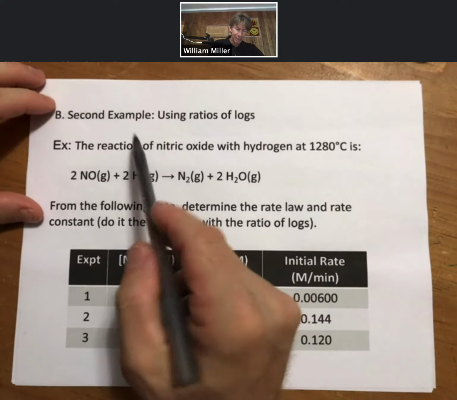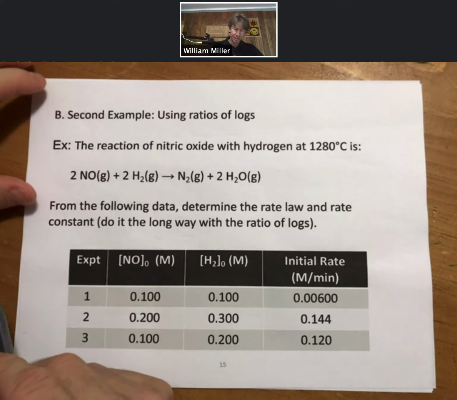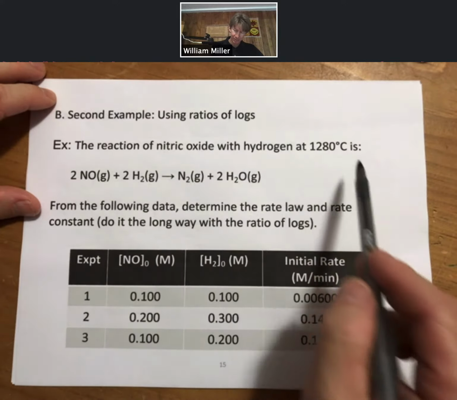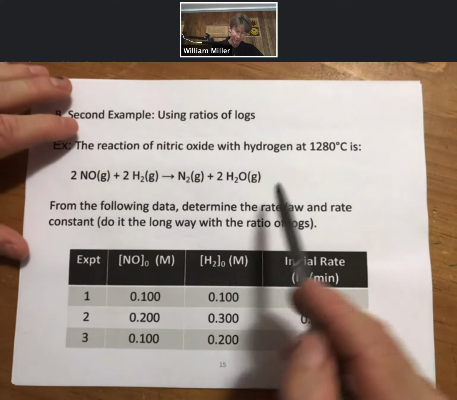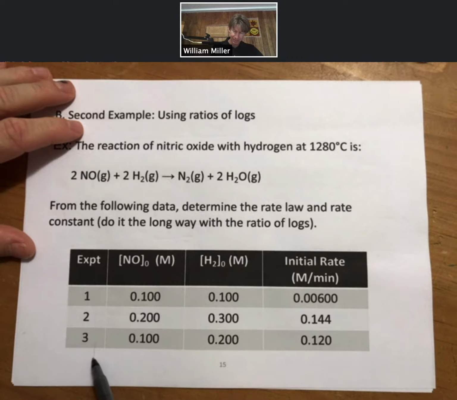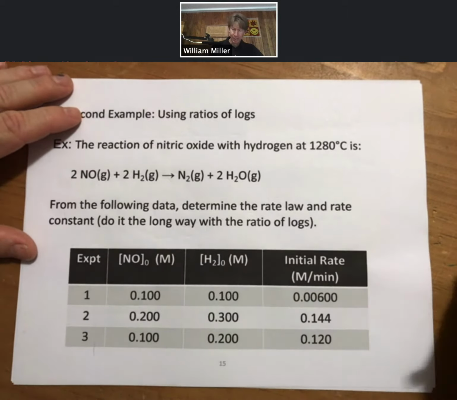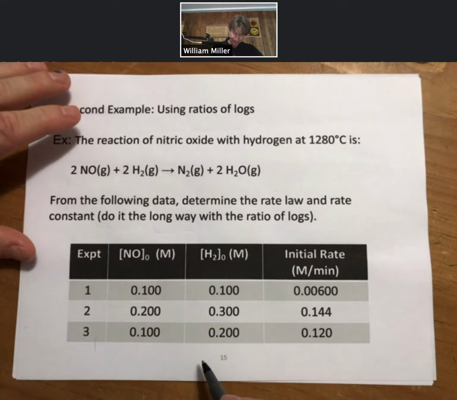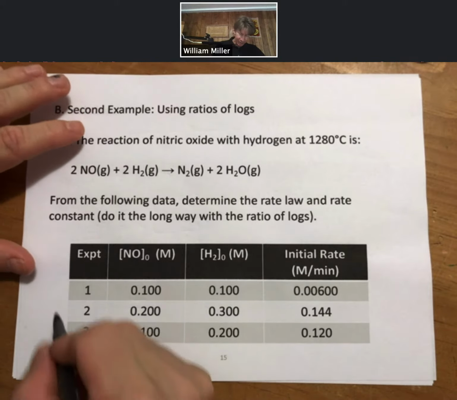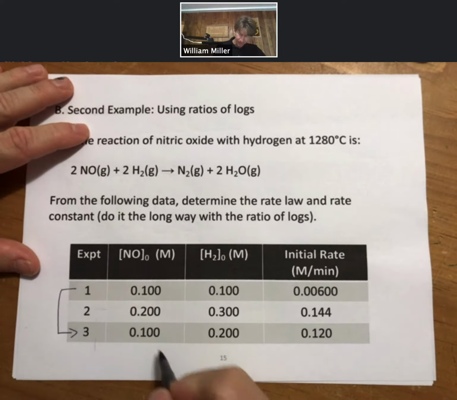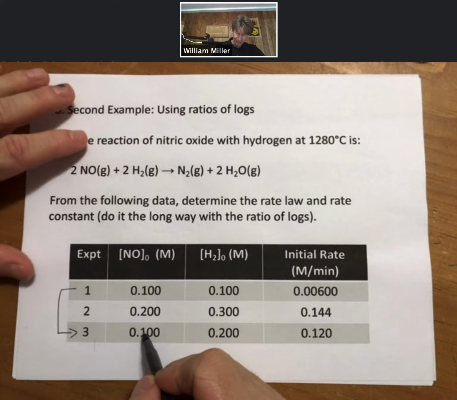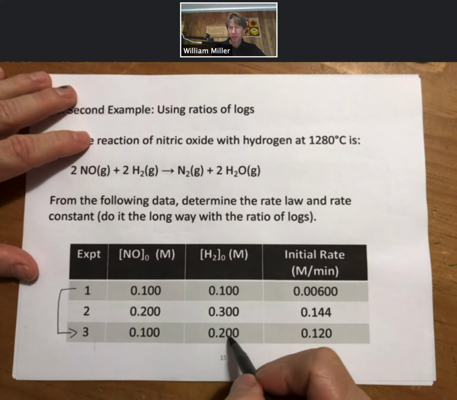Now let's do a second example using ratios of logs. In this reaction of nitric oxide with hydrogen, we've got a couple things going on here. First, we have 3 experiments. What I will point out to you is that between experiments 1 and 3, the concentration of NO is constant, while the concentration of H2 changes.